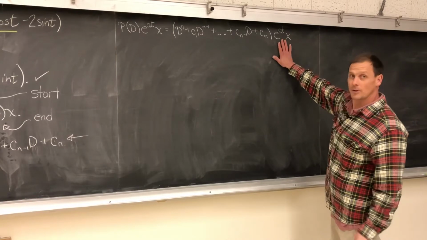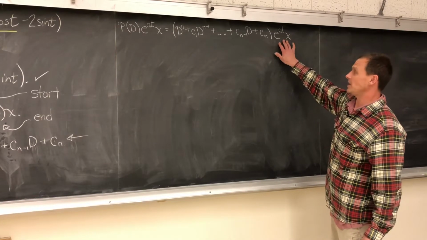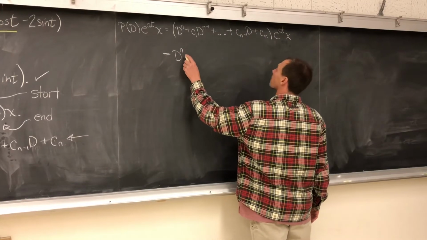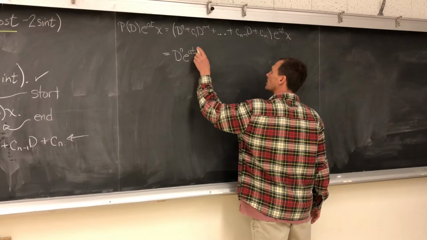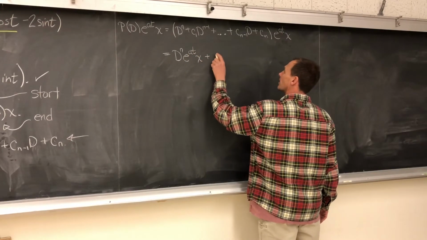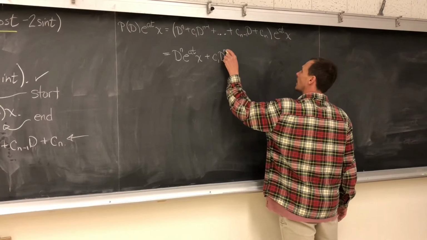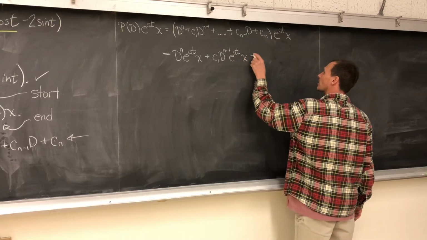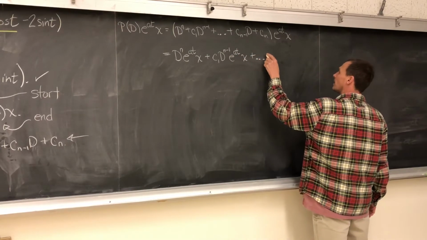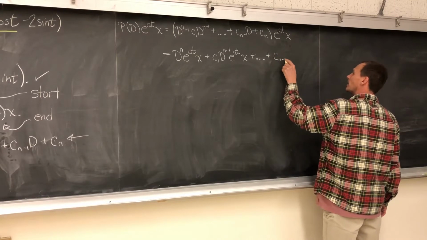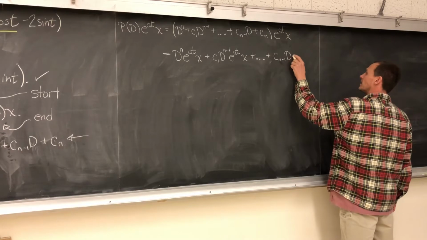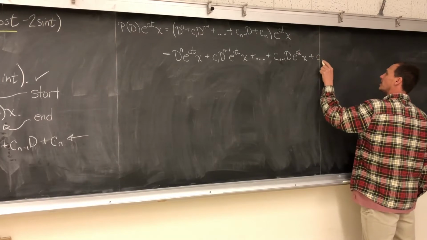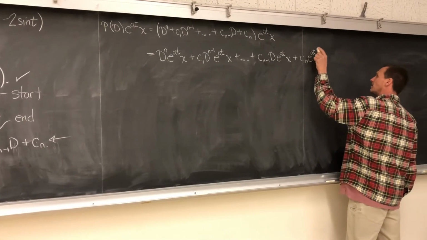Now, let's distribute our function here, our function e to the at times x. So I have d to the n e to the at x plus c1 d to the n minus 1 e to the at x plus dot dot dot plus c sub n minus 1 d e to the at x plus c sub n e to the at x.